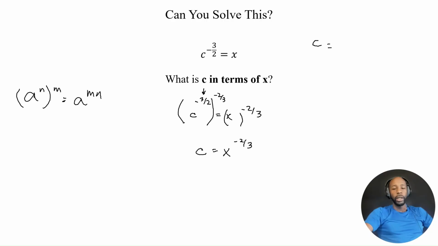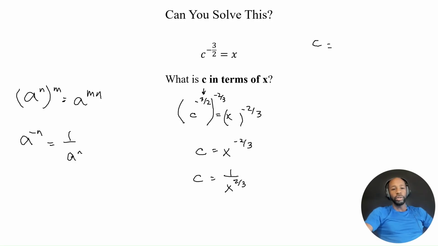All right. Now, I want to clean this up a bit, so I'm going to rearrange it. Remembering the exponent rule that says something to a negative power is essentially equal to that same number to a positive power in a denominator, c becomes 1 over x to the 2/3. Okay.